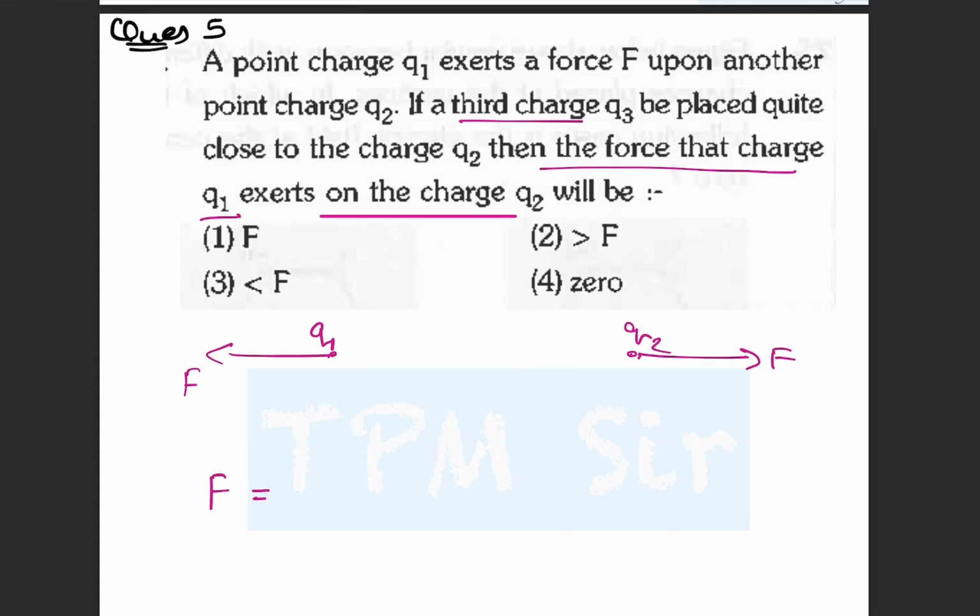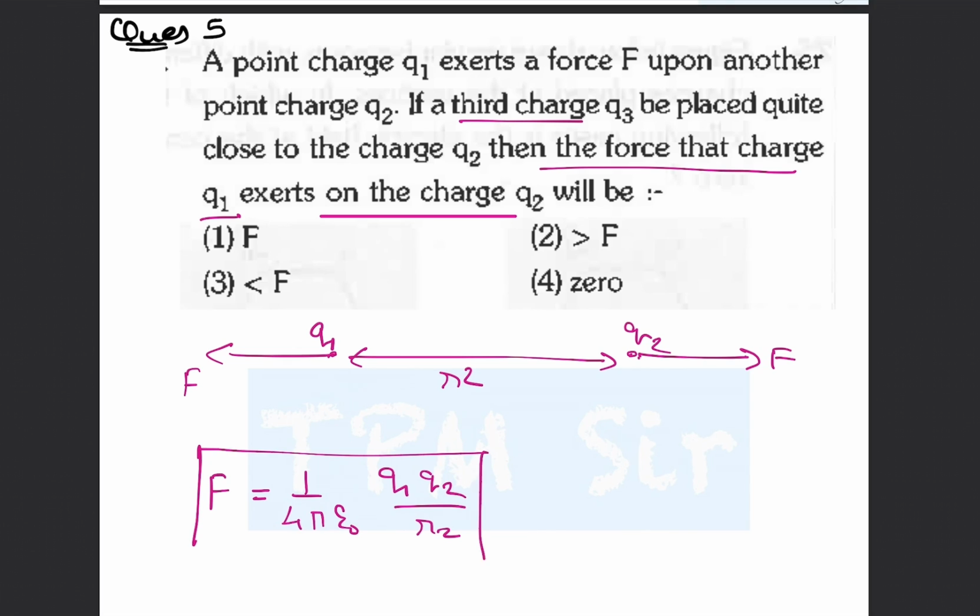It states that the force of attraction or repulsion between these two charges will be equal to 1 by 4 pi epsilon naught q1 q2 upon r square, and this is r. Now, tell me on which quantities this force F depends. It depends on Q1, it depends on Q2, and on r square.